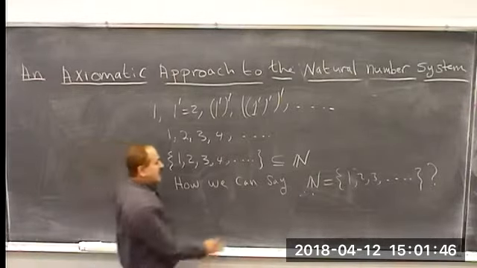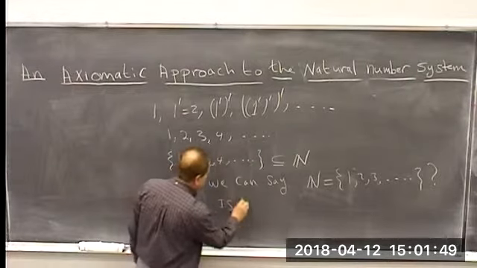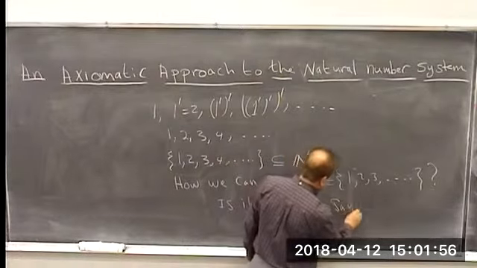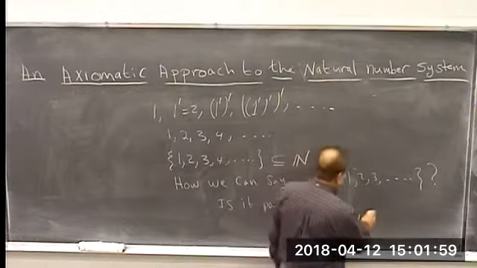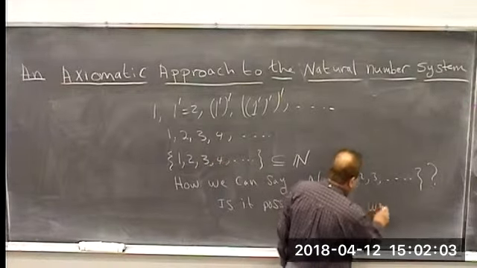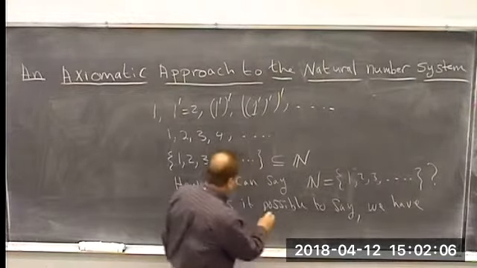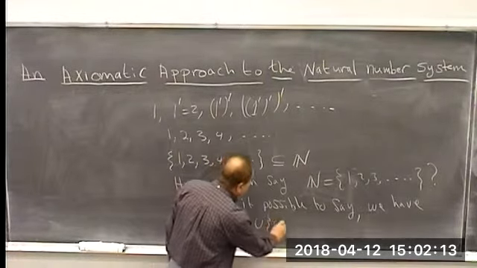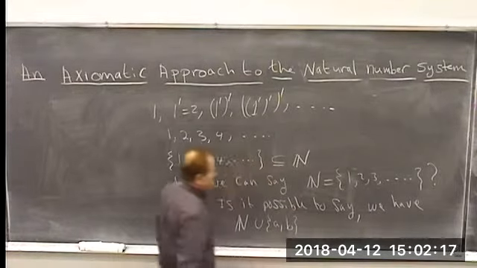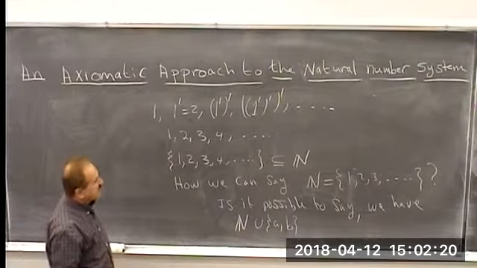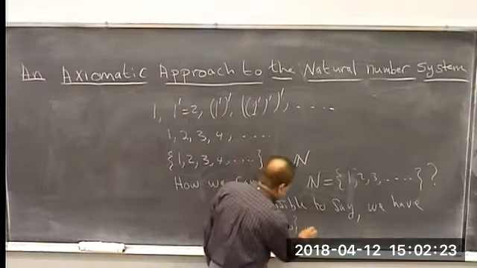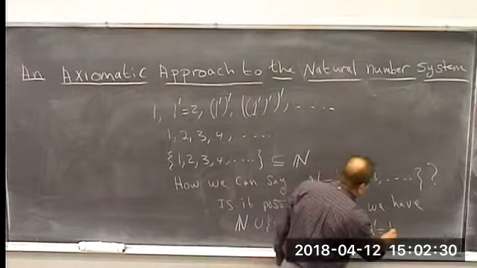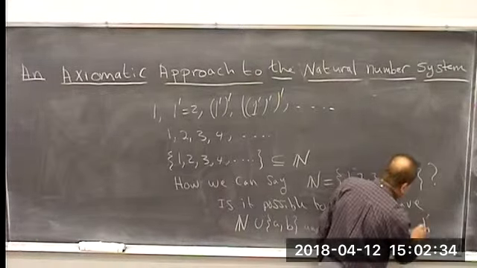Or to put it differently, is it possible to say we have this set N that we started with, together with 2 other symbols, A and B, which is larger in some sense than N, and define the successor of A to be B and the successor of B to be A?